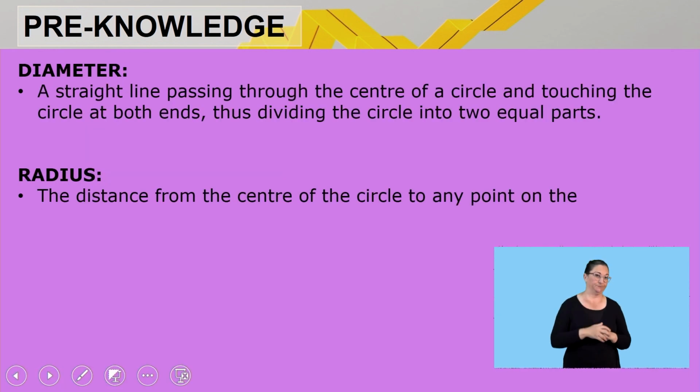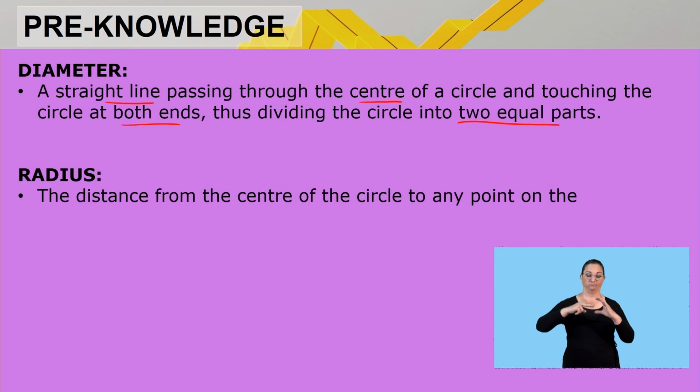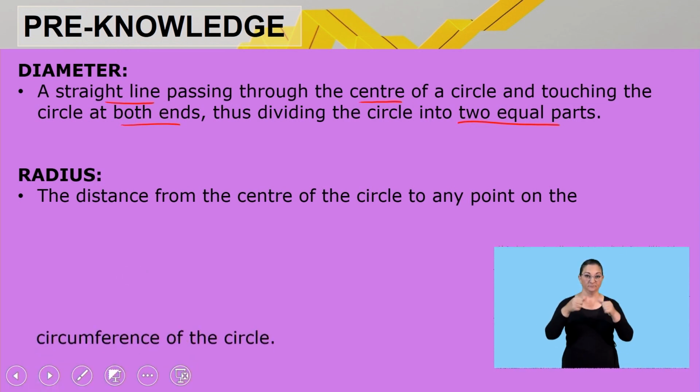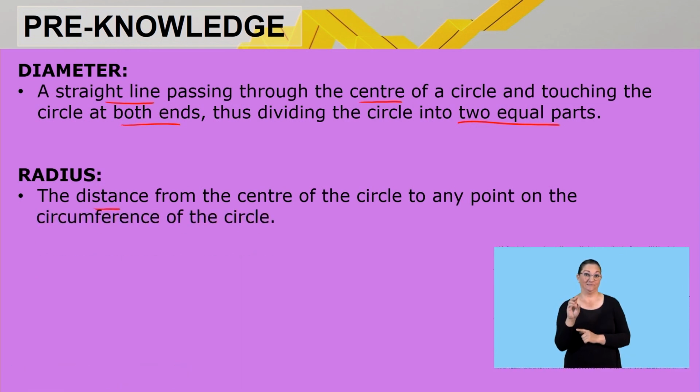Also important when we work with circular objects, we know the diameter is a straight line passing through the center of a circle and touching the circle at both ends, thus dividing our circle into two equal parts. When we refer to the radius, we say it's the distance from the center of the circle to any point on the circumference of that specific circle.